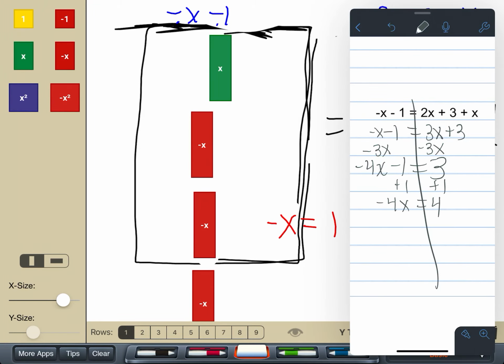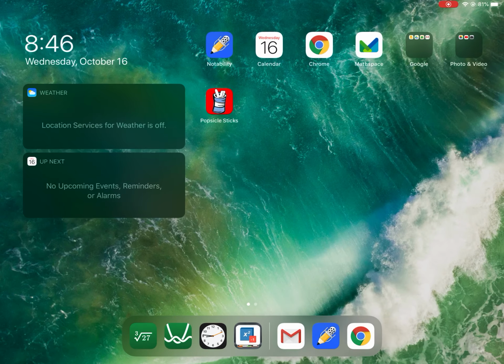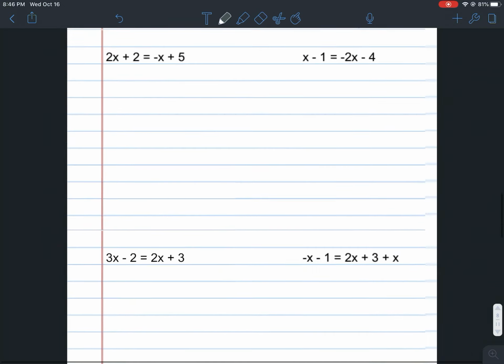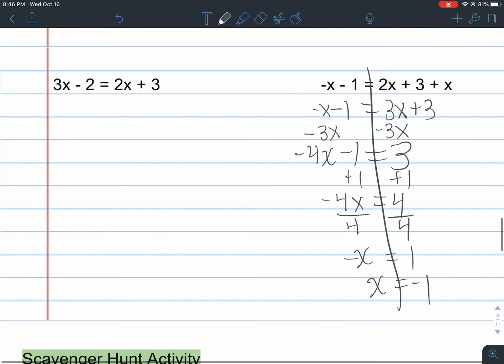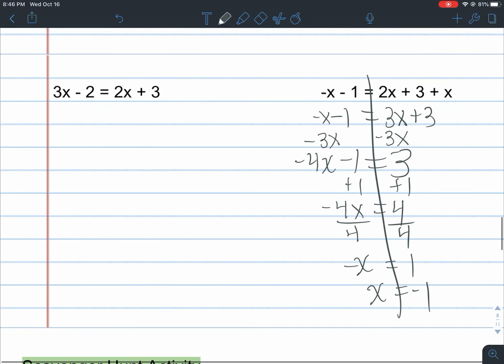So in this problem, we're first dividing by 4, and then we're dividing by a negative 1. So therefore, you get x is equal to negative 1. When you solve it algebraically, you would probably just divide by negative 4 there.